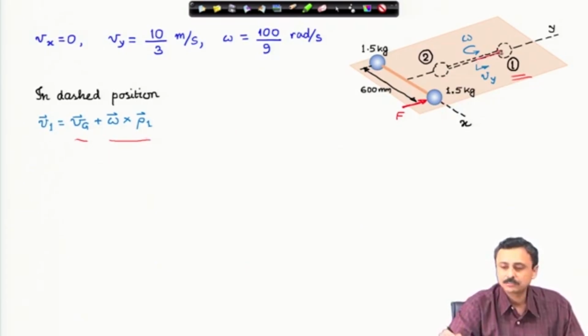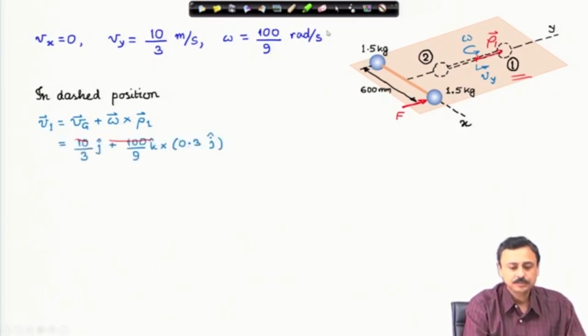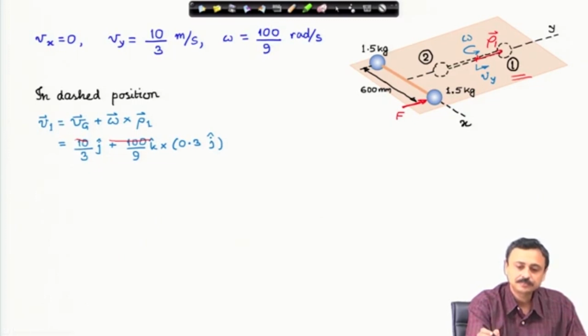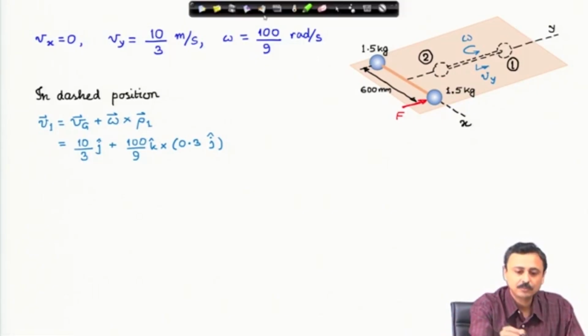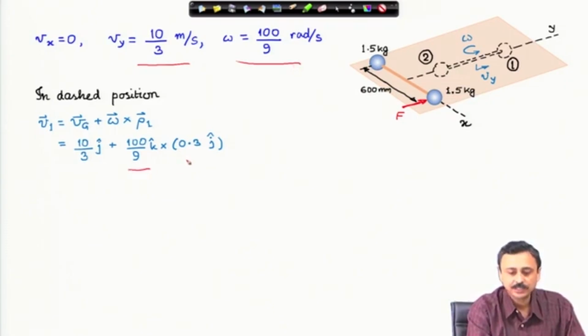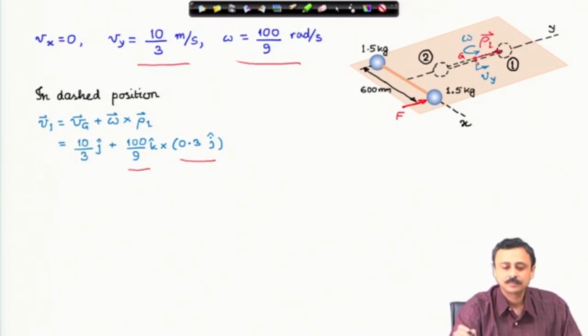Now, this rho 1 is this vector, and if I substitute the expressions of V g which I obtain from here and omega k cap cross rho 1 vector 0.3 j cap, this is g and this is rho 1 vector.